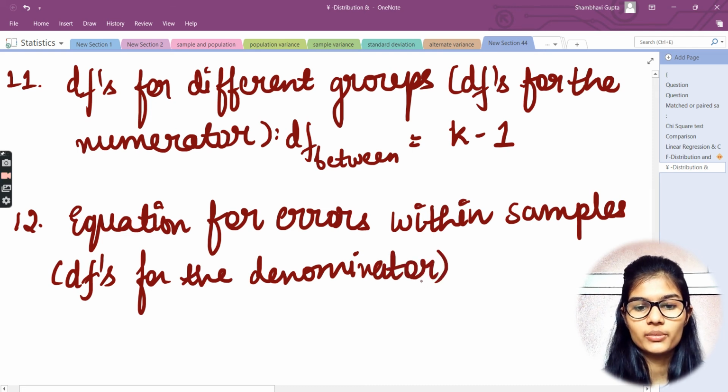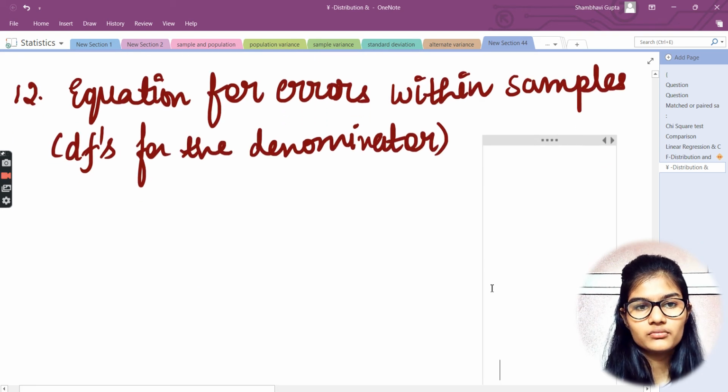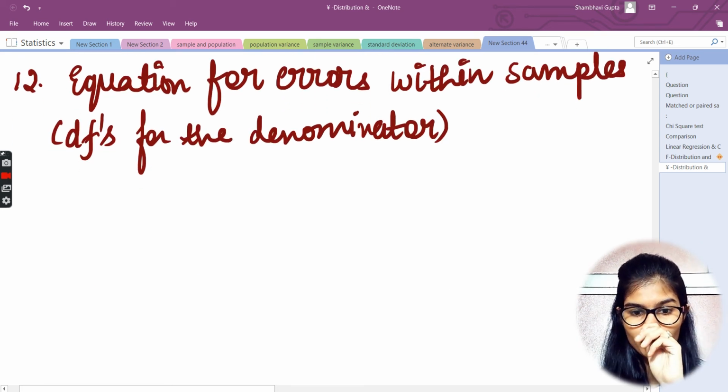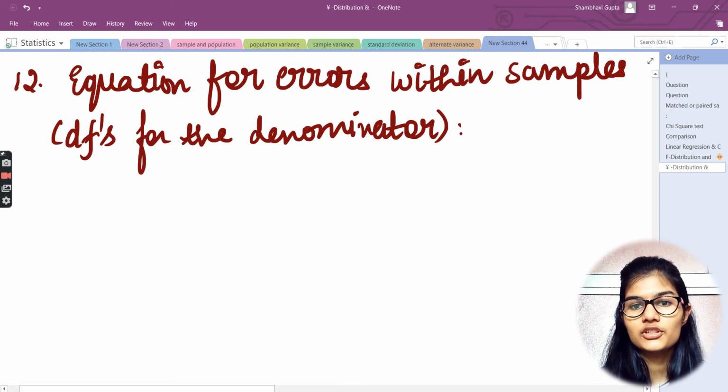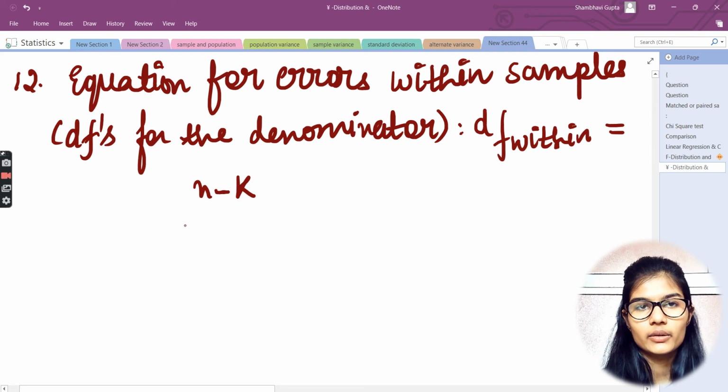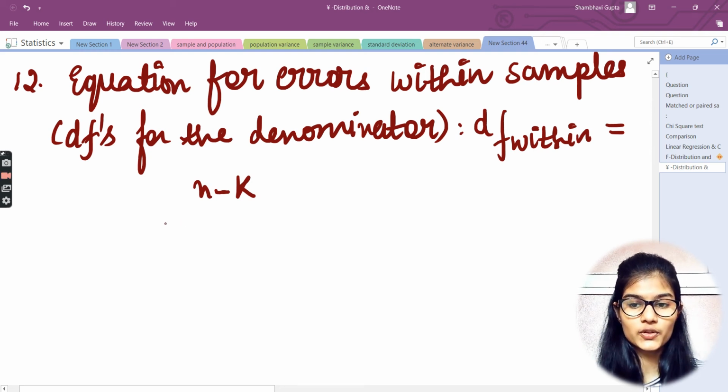So equation for errors within the samples, we then have DFs for the denominator. Here I would mention DF for the within. The numerator one was for the between, and for the denominator we have within, equal to N minus K. So that is sorted out.